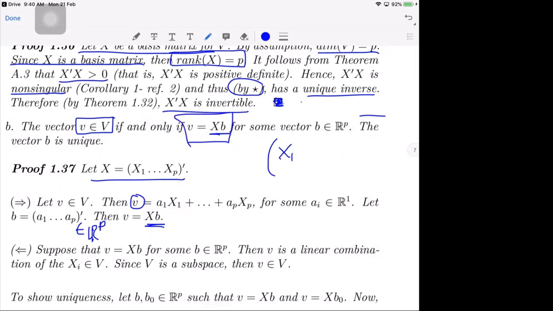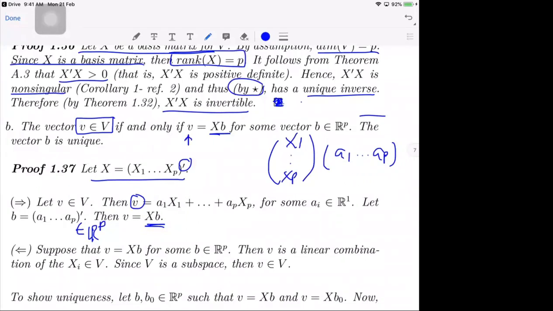B is A prime. So dapat patindog na ni siya. X1 to XP, and then mao ni imong B, A1 to AP. Unsa ba ang vector B?